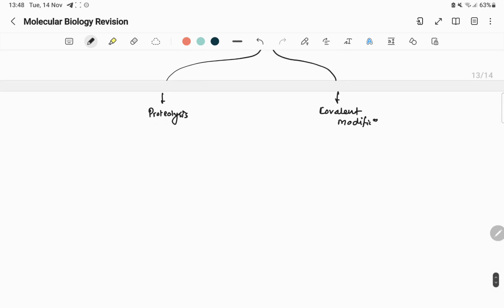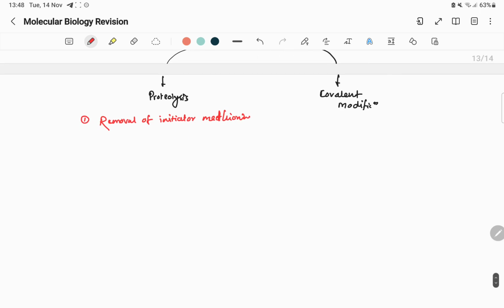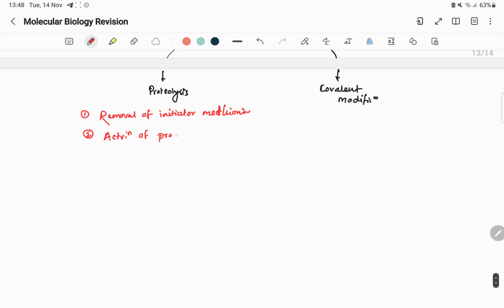About proteolysis, it has about three types. The first one is removal of the initiator methionine, done by proteolysis, and this is a post-translational modification. It also involves activation of inactive forms of proteins, called proproteins.